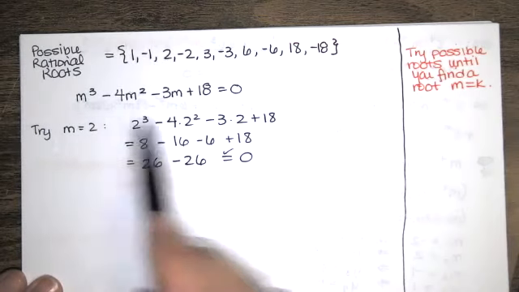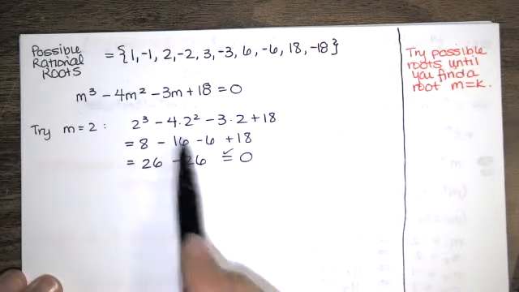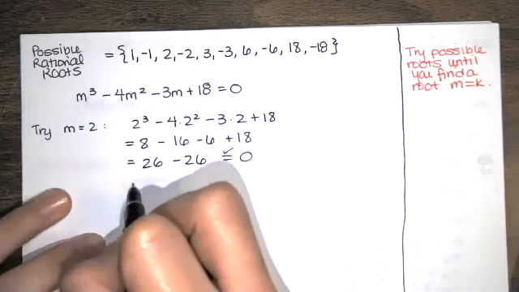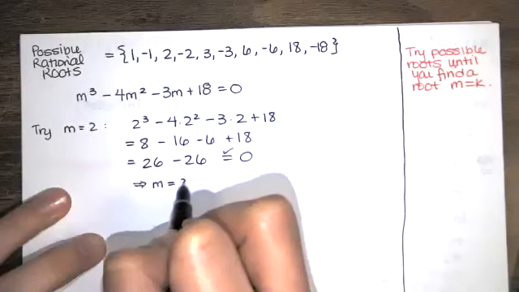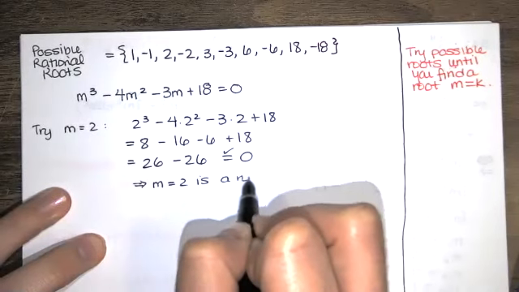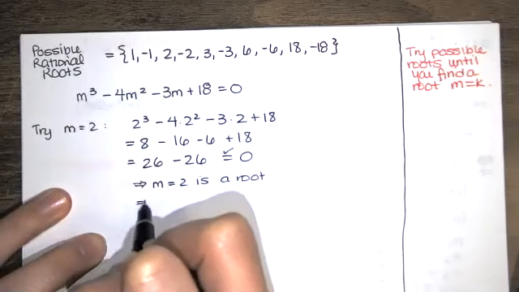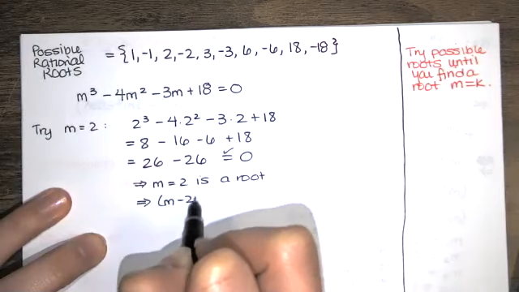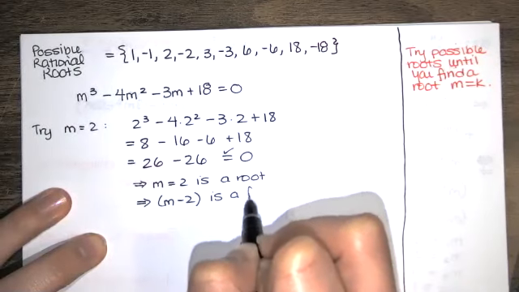So we tried roots from the list until we got one that equaled 0. That's great. That means that m equals 2 is a root. And if m equals 2 is a root, then m minus 2 is a factor of the polynomial.